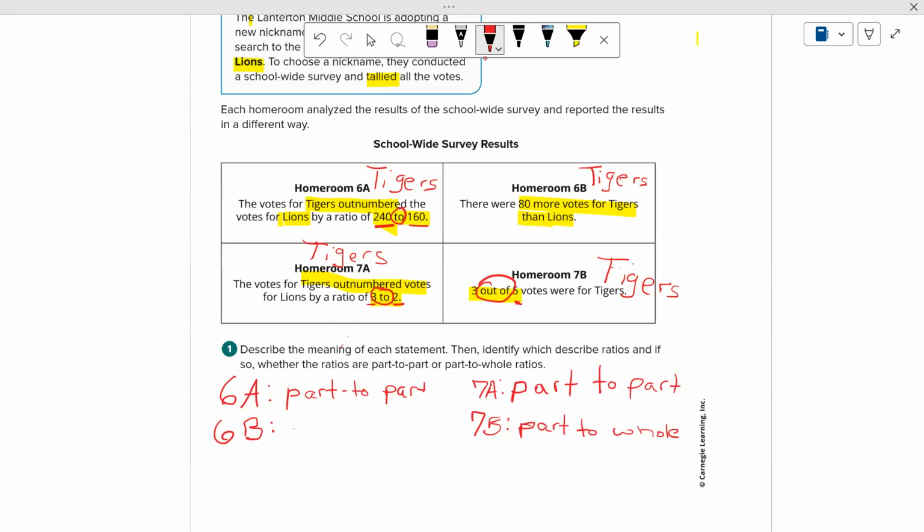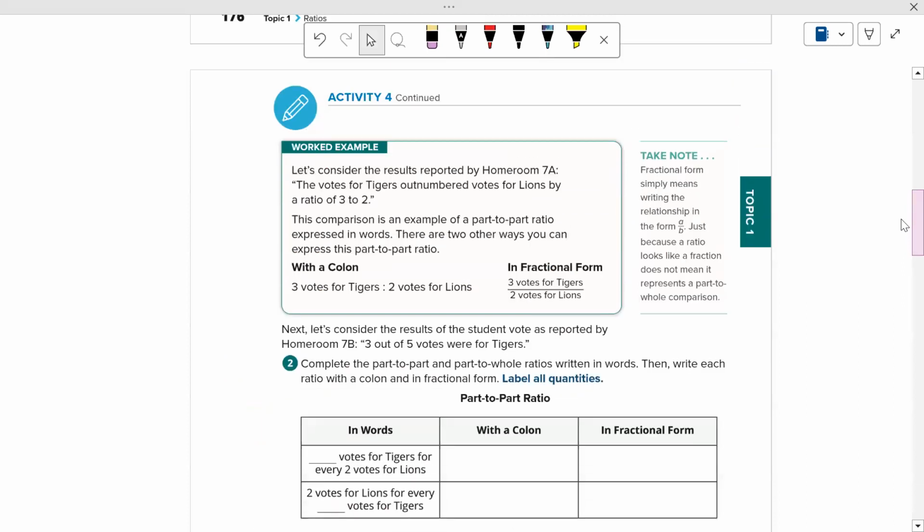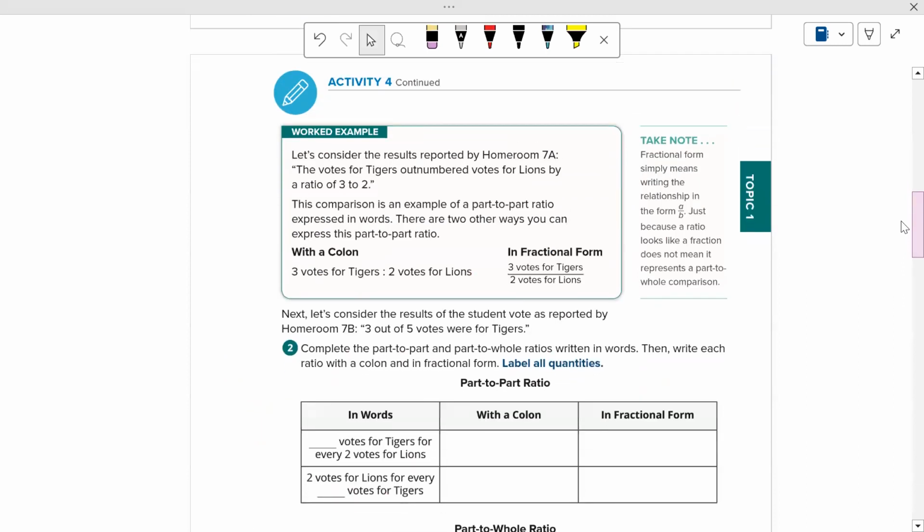If I knew how many votes there were for lions, I would just add 80 and know the number for tigers. So I would say this is part to part. If you disagree with me, please come to class and explain to me why you think this might be a part to whole ratio.